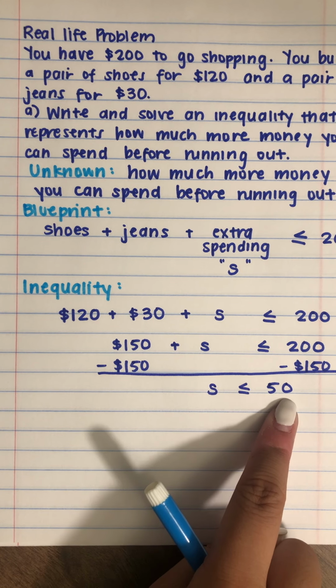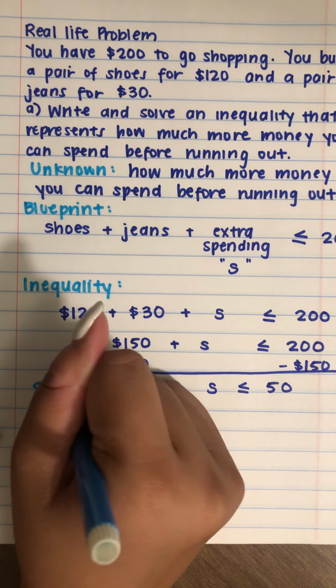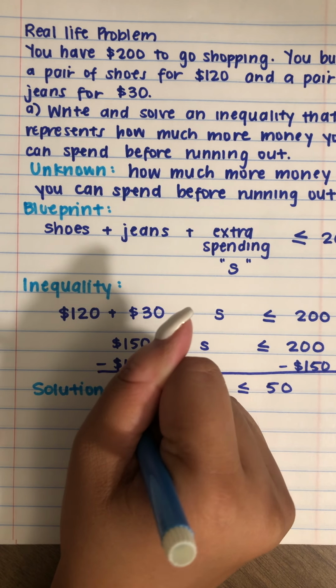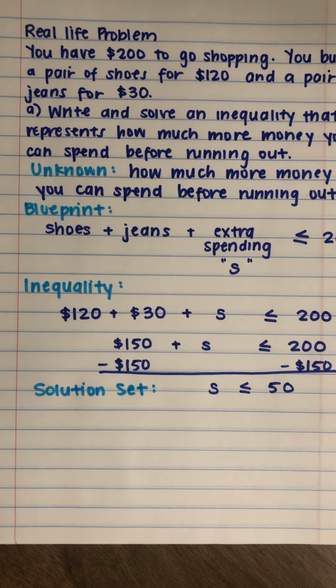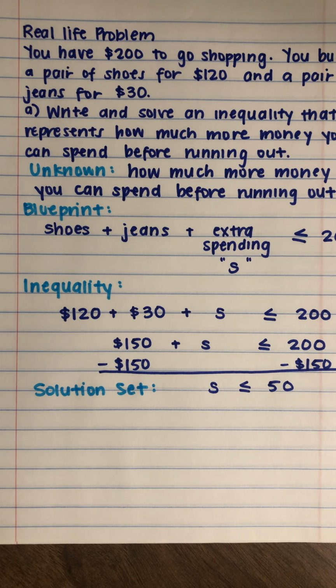We're going to call this our solution set. So our solution set is S is less than or equal to $50. So that means the extra money that we can spend is $50 or less than $50, but we cannot spend any more than $50 or else we'll run out of money.